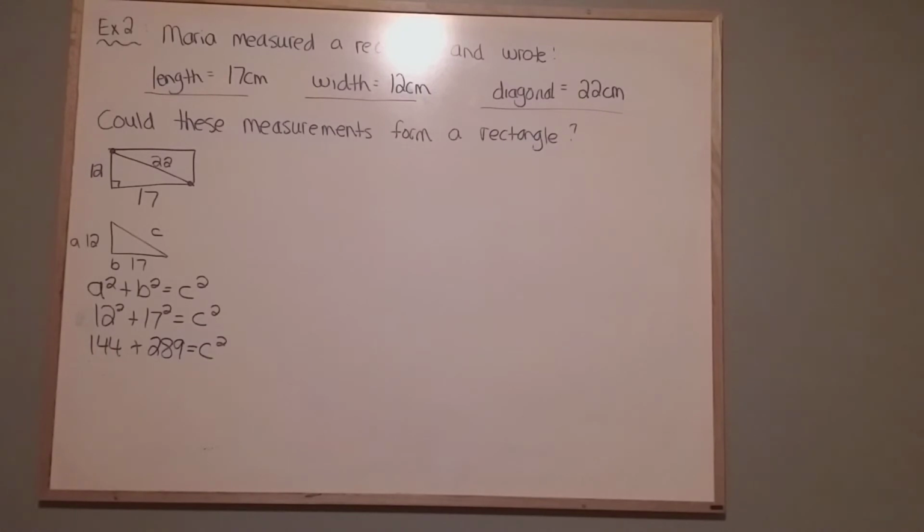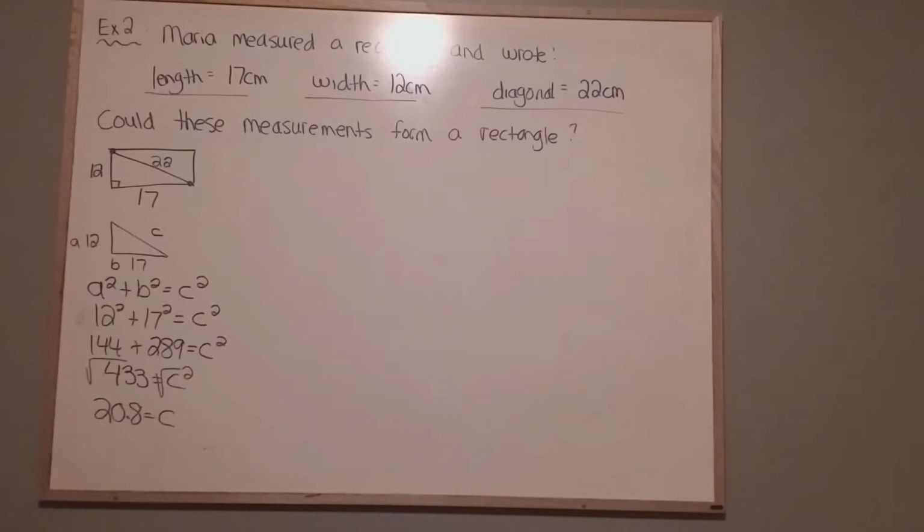And then 289 plus 144 gives me 433, and that's equal to C squared. Then I'm going to take the square root. The square root of 433 is 20.8.